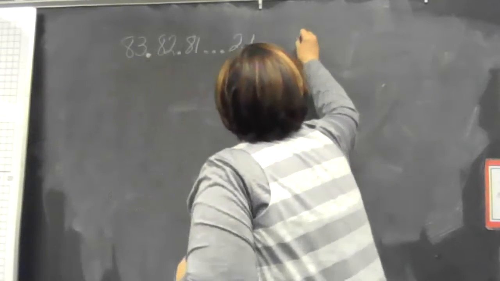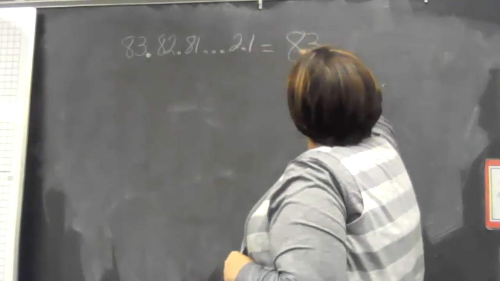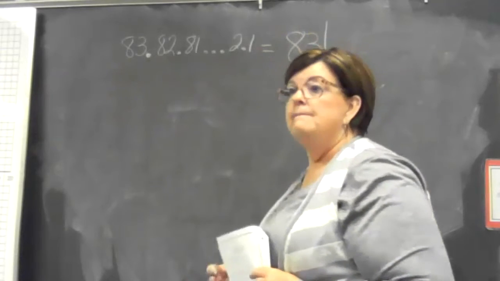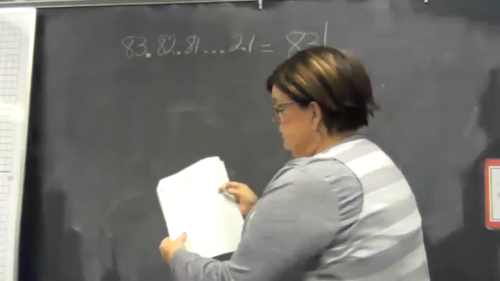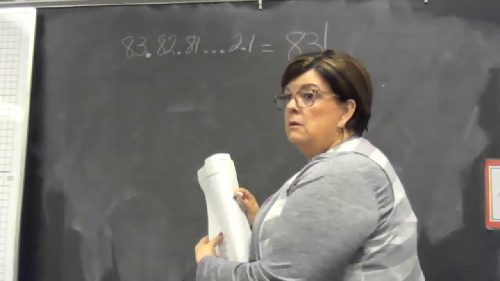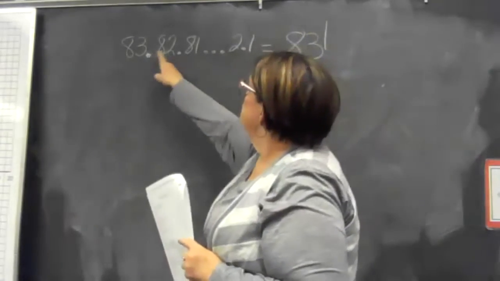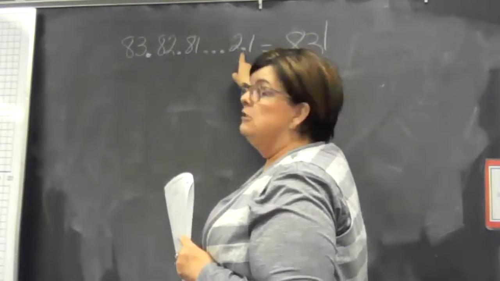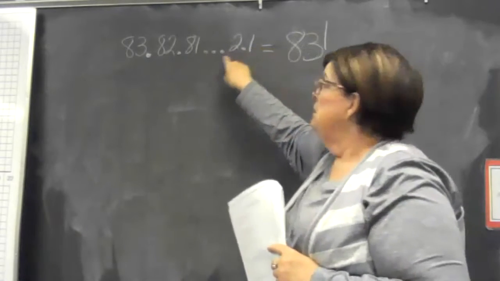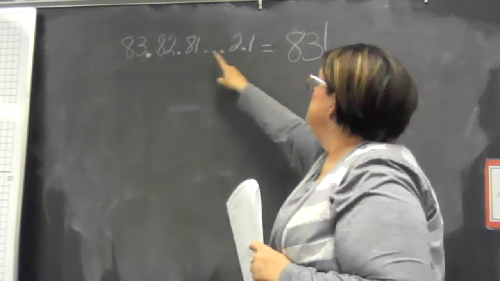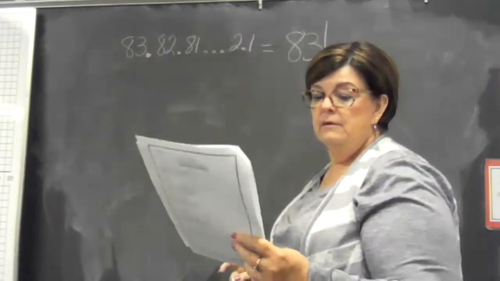Factorial form is simply 83 factorial. That's what they're wanting on this bottom part. These were confusing when I first looked at them, and this looked like 2.1, but it's not. They're saying we go all the way from 83 down to 1.